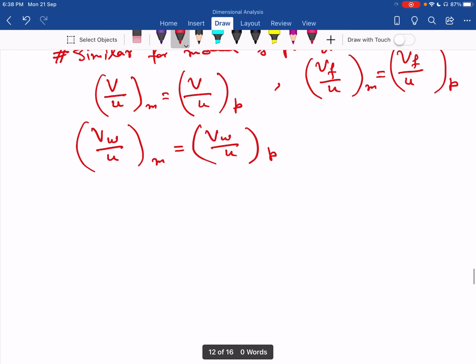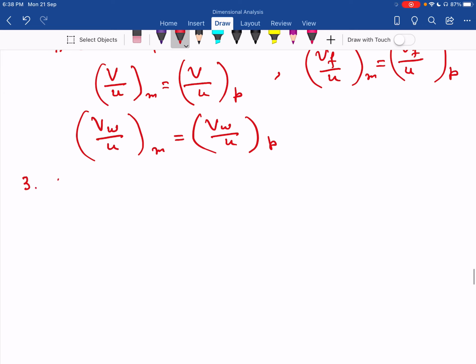Then there is the dynamic similarity. If dynamic similarity exists, you can say there is a complete similarity between the model and its prototype. This complete similarity, or dynamic similarity, we can attain by the dimensional analysis method.